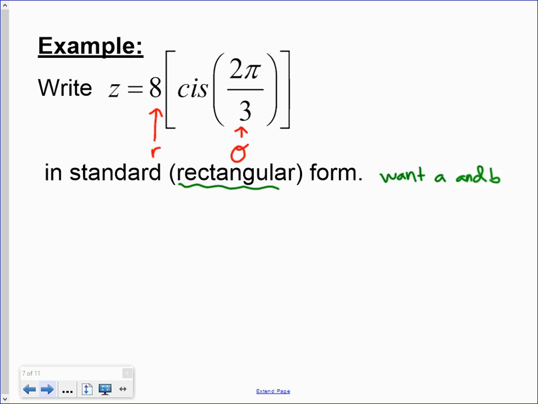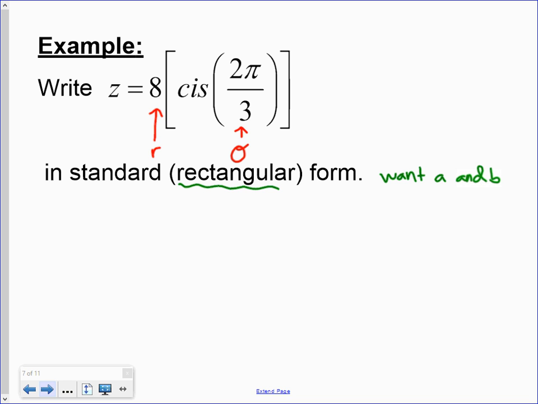Did you guys come up with a plan? Do you guys have a plan? Yes. I'm just going to do it. Oh, very good. Plan over here. Can you give me an exact value? If the angle, the argument, is on your unit circle, give me an exact value.